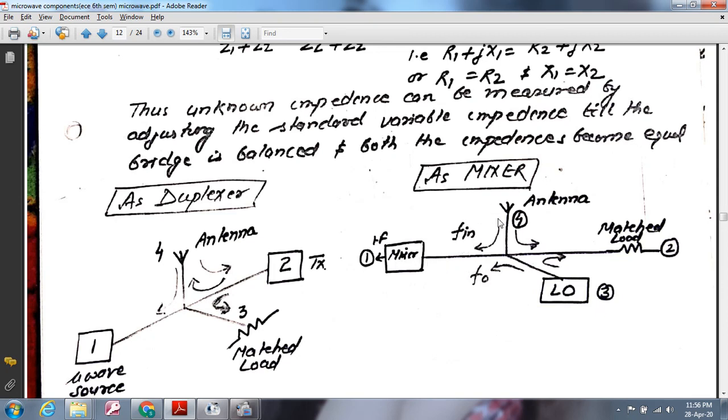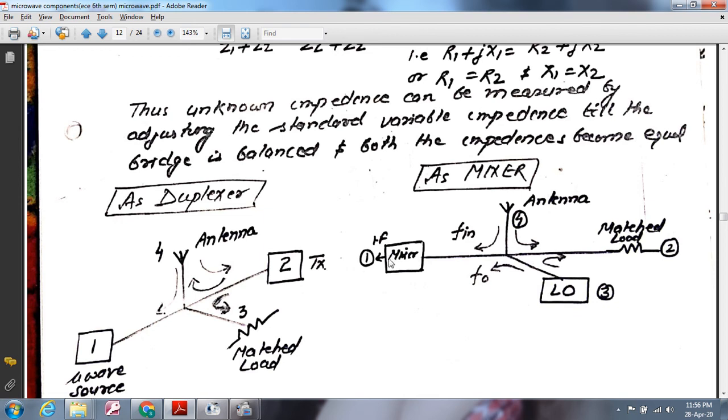Similarly, from this receiving antenna, which is port number 4, we know in Magic T when something is applied at port number 4, the output will be received at port number 1 and port number 2, and no output corresponding to port number 3, because 4 and 3 are isolated ports. So here some power will move towards port number 1, and the power going towards the match load will be totally absorbed by this load.